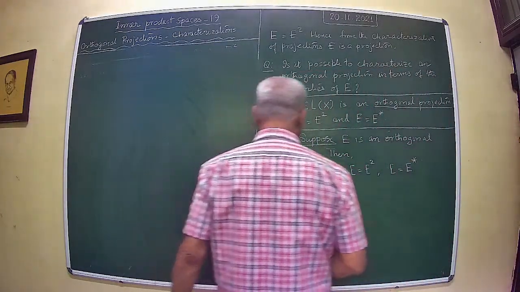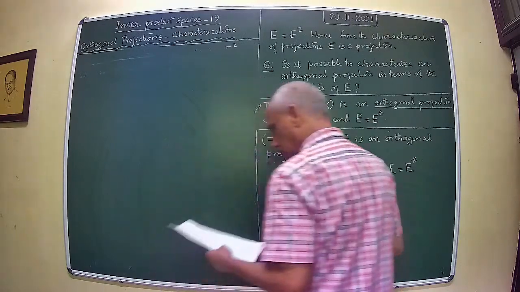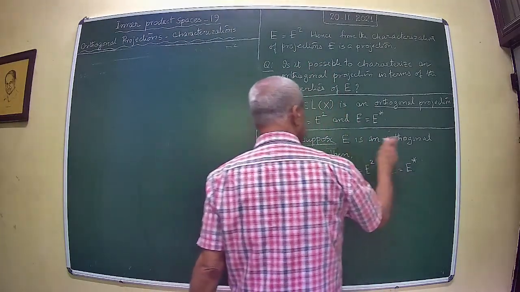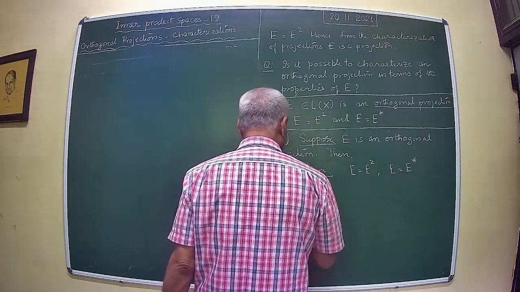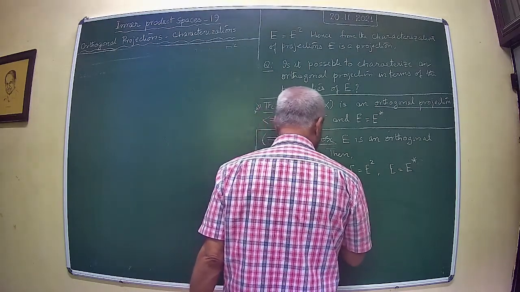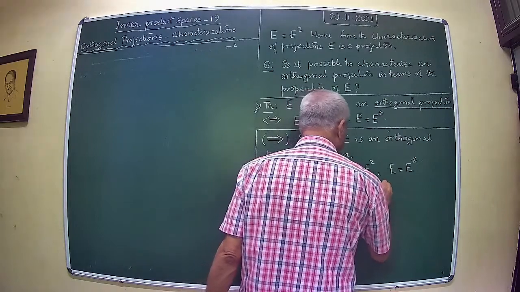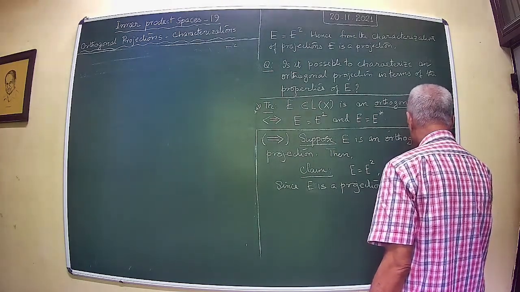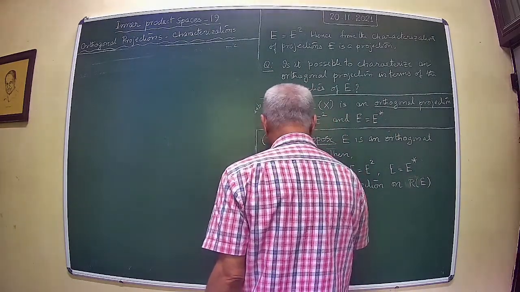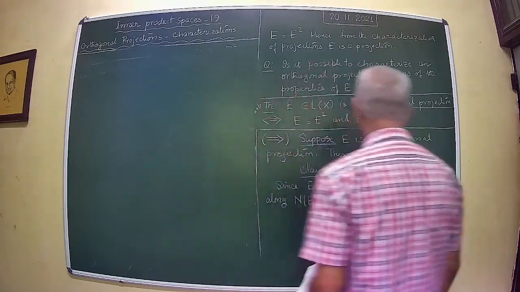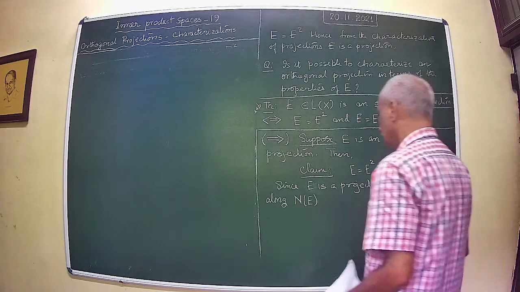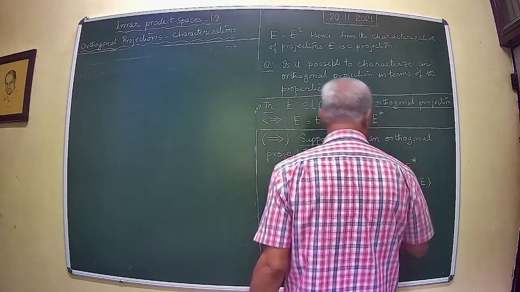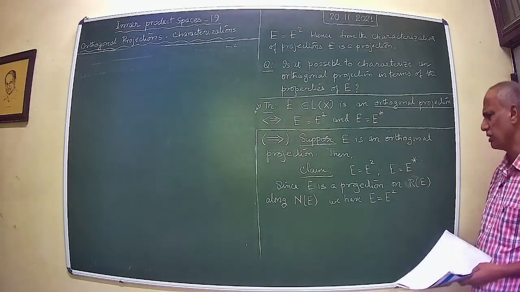So that's quite simple. You see, E is an orthogonal projection means that since E is a projection on the range of E along the null space of E, we have E equal to E square, because every projection is characterized by the condition that E is equal to E square, so that follows from that.